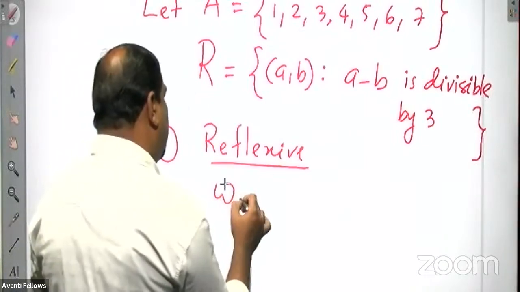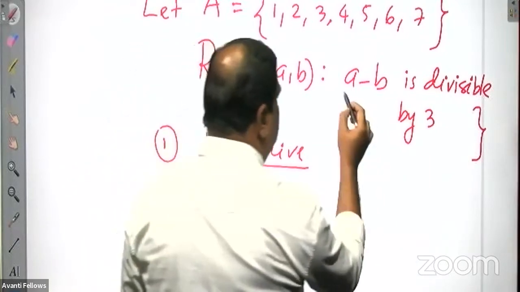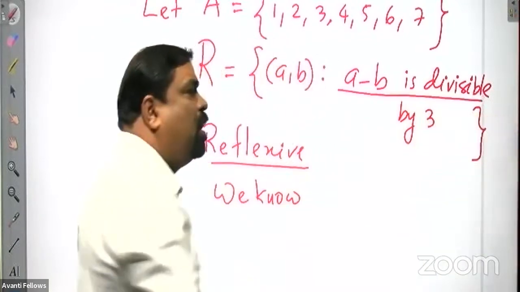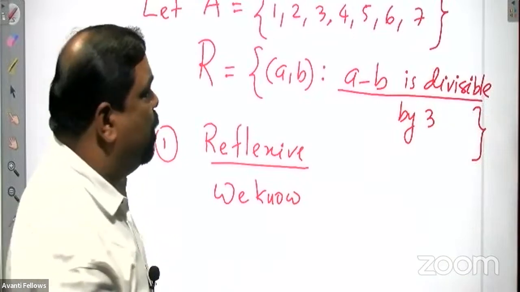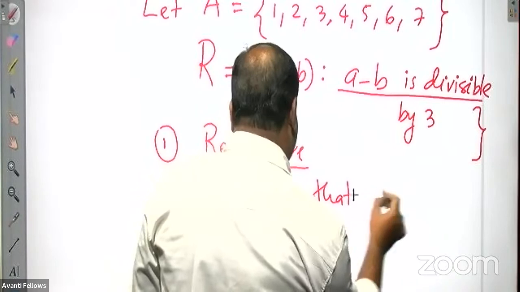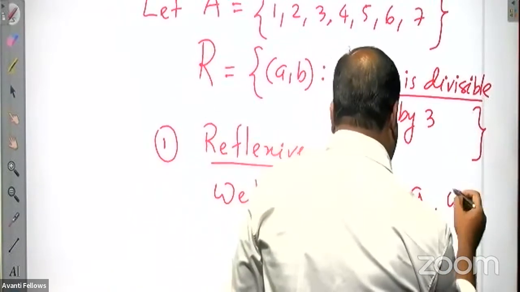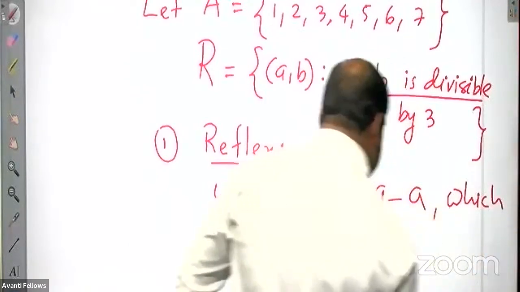So that is very clear. How to prove that (a, a) belongs to the relation? The relation is a minus b must be divisible by 3. But we know that a minus a means 0, which is always divisible by any number.